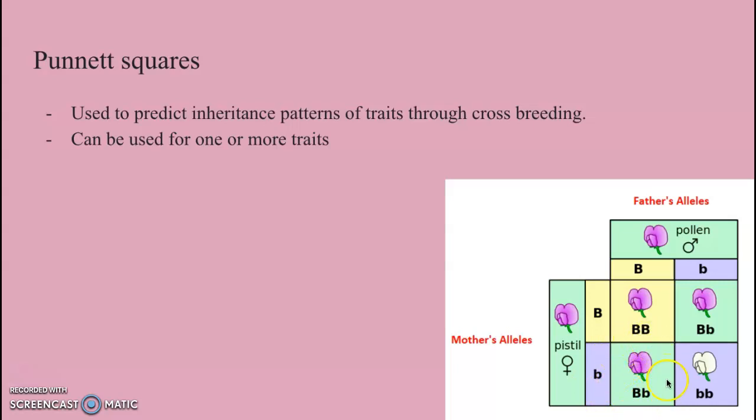Always write it like this. Do not put the lowercase b first. You always put the capital B, then the lowercase b. And then finally, lowercase b and lowercase b. This is your recessive. These are your dominant right here.